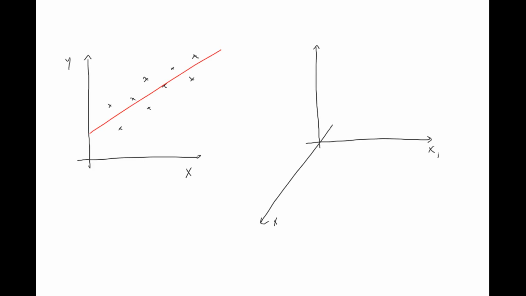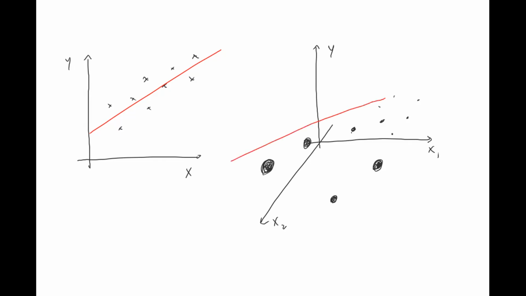So if this is x1 and x2 and this is y, I can draw points where the size of the point is kind of like how far away they are. Essentially, hopefully you guys can visualize this.